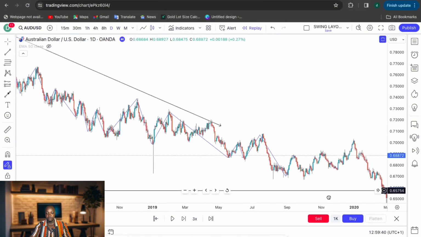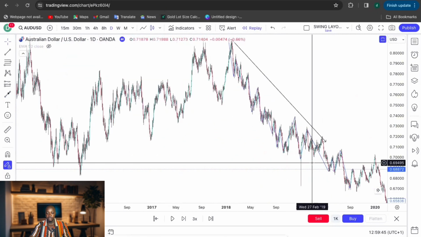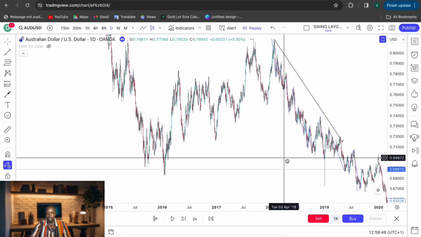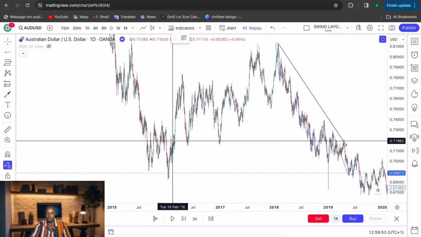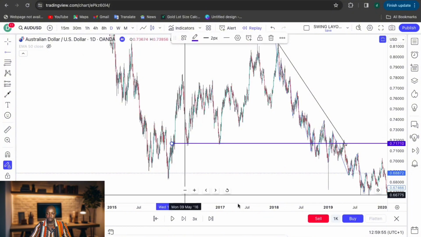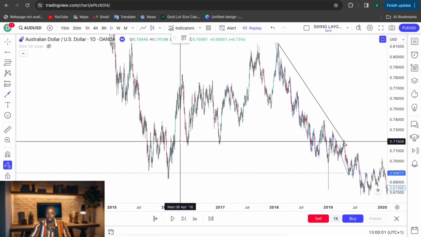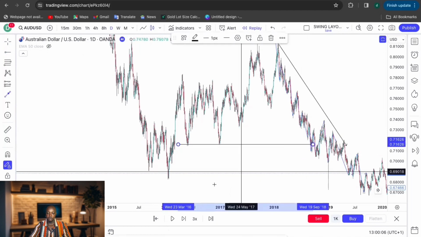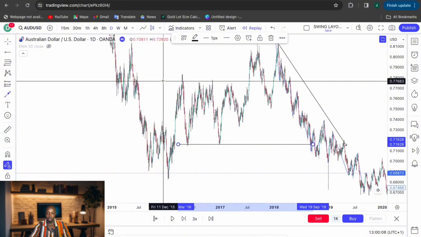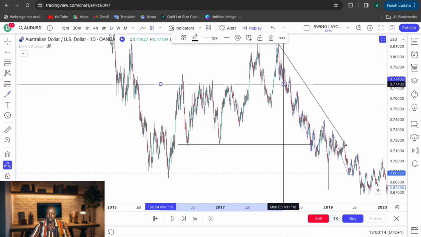I'm doing this live, so let's look for points when the market was in consolidation. Look at this point here.